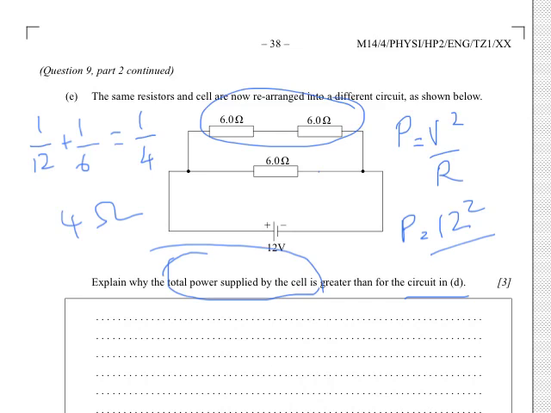Then to find power, if we divide 12 squared by 4, we end up with 36 watts. So all they're requiring here is a mathematical description. If the resistance is smaller, then 12 squared over 4 is going to give you a larger P and a larger power value.